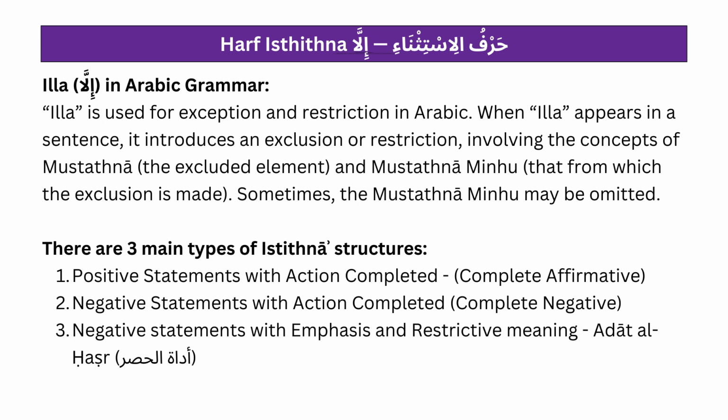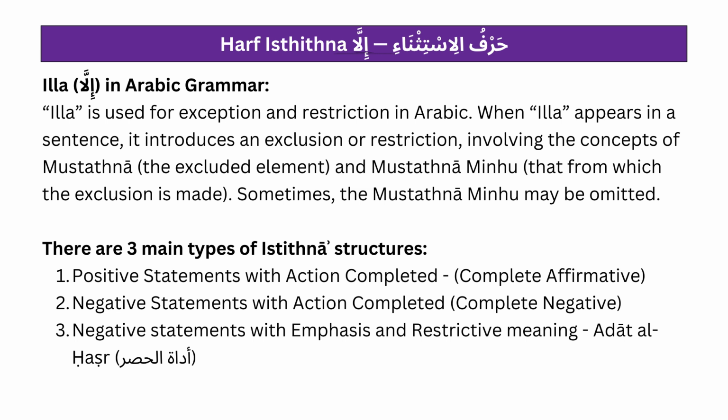Now we come to the final part of this page. There are three main types of istithna structures. Let's read them clearly. Type 1. Positive statements with action completed. Complete affirmative. Type 2. Negative statements with action completed. Complete negative. Type 3. Negative statements with emphasis and restrictive meaning. Adatul hasr. So from here onward, our job is simple.